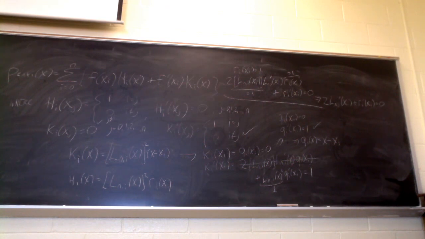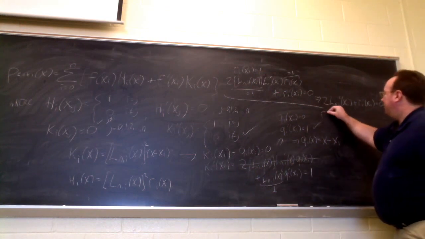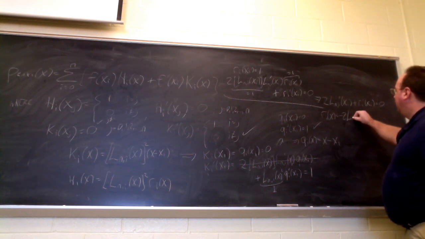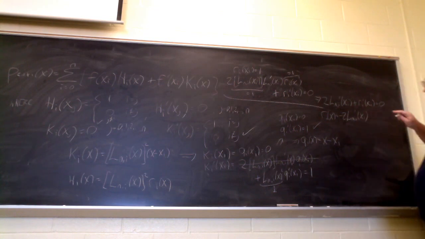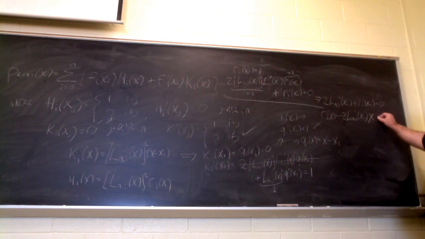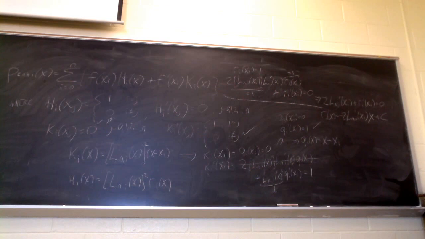So then it's just negative 2 Lagrange prime. Therefore r_i of x is equal to minus 2 l_i prime at x_i times x, plus a constant c, so that when we plug in x equals x_i, that is equal to 1. Yes, we have to get 1.